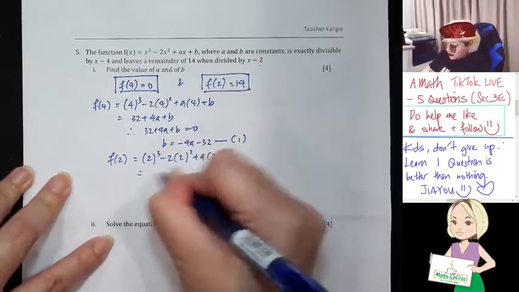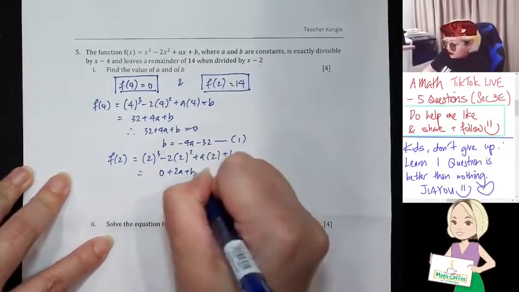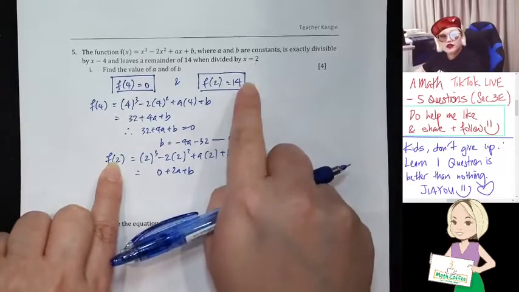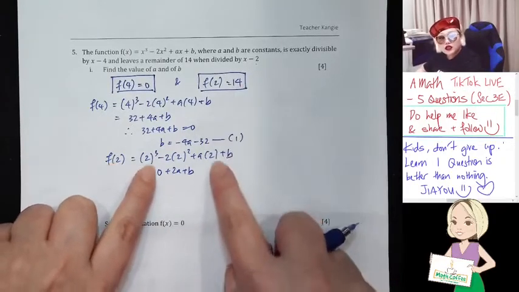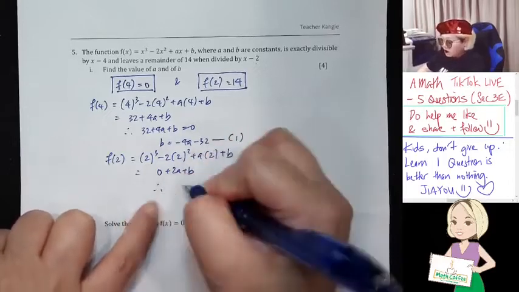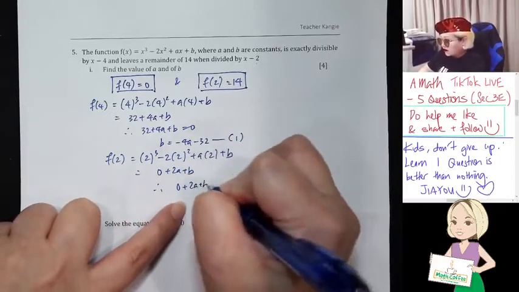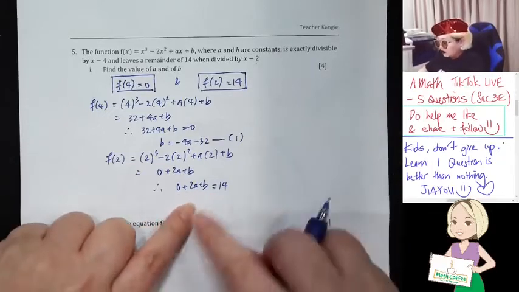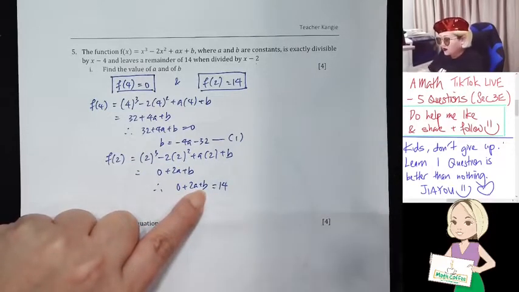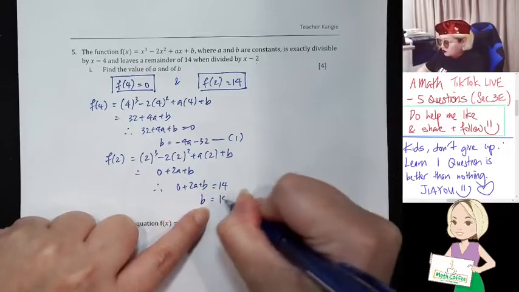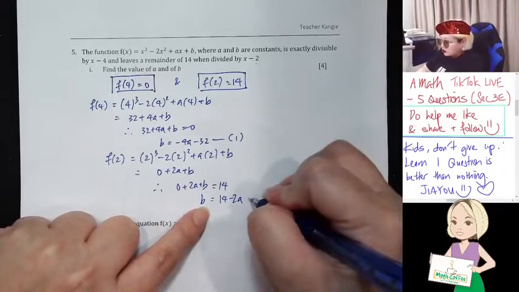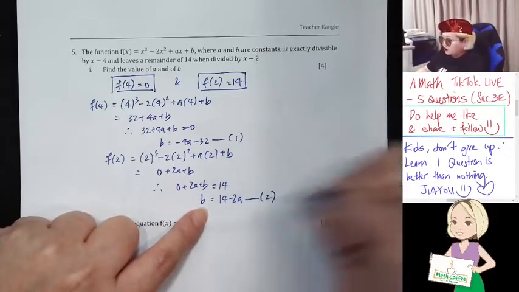We get 0 plus 2a plus b. And not forgetting, we are given that for f(2) the remainder is 14. So 0 plus 2a plus b equals 14. What I can do is make b the subject, since this one has a single b. So b equals 14 minus 2a. So this is equation 2.